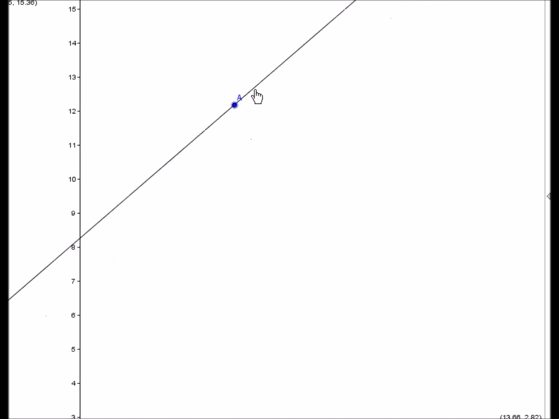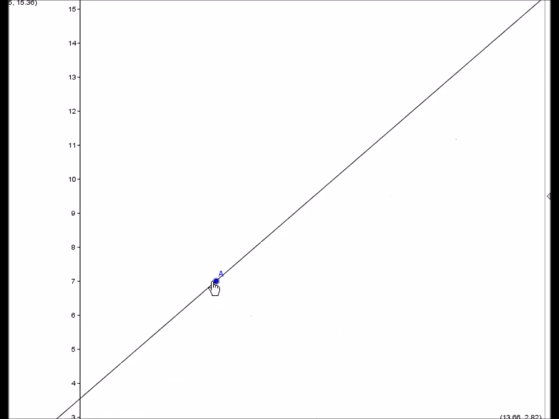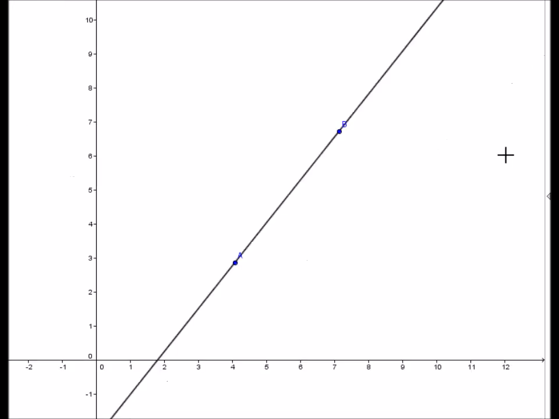So here I've got a line, but for this line, the gradient's fixed. I know what the gradient is, but I can move the point around, and that's going to move the line. So if I don't fix a point, I don't know which line it is. It could be lots and lots of different lines if all I know is the gradient. Likewise, if I know a point, so I'm going to say I know A is at 4, 3.